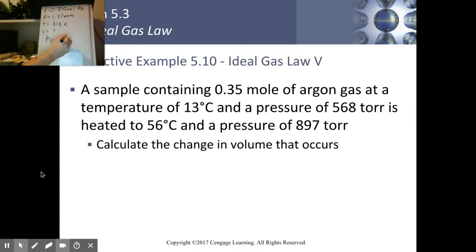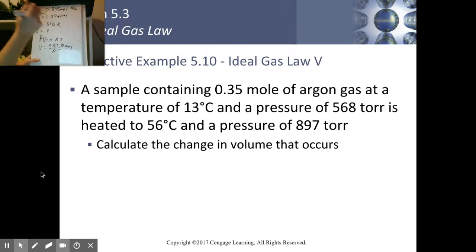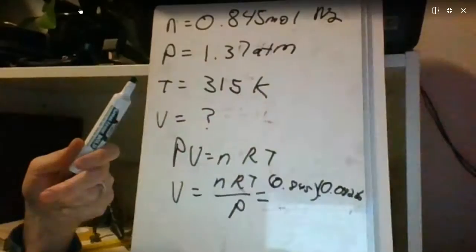PV equals nRT. V is going to be equal to nRT over P. Plug and chug. 0.845 moles times our universal gas constant, which is 0.08206, times our temperature. I'm going to expand this.